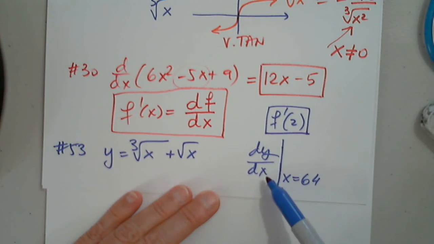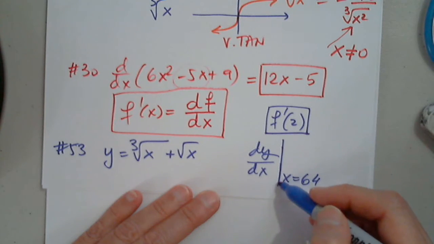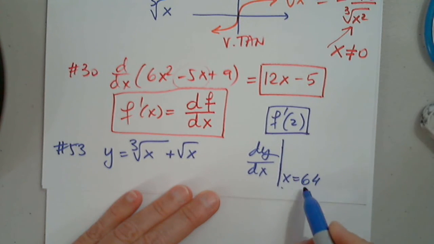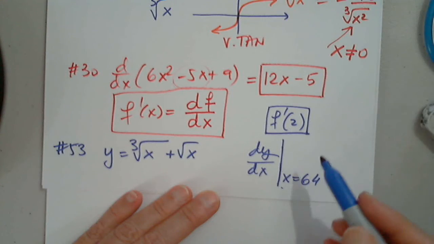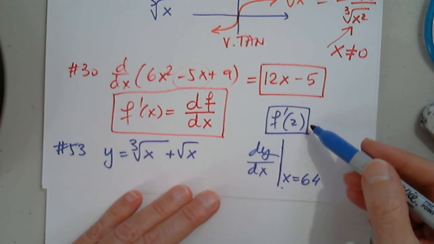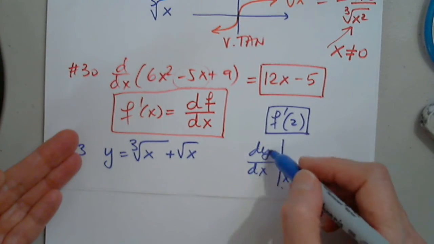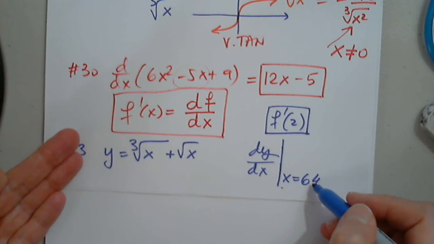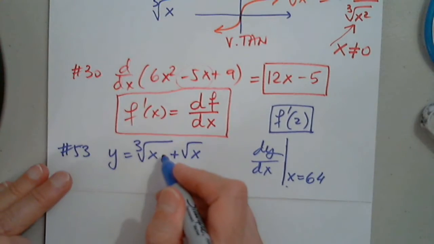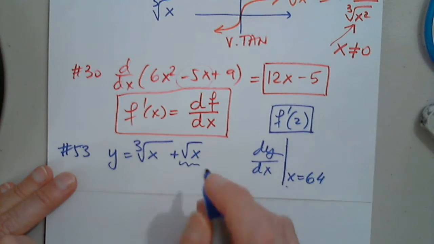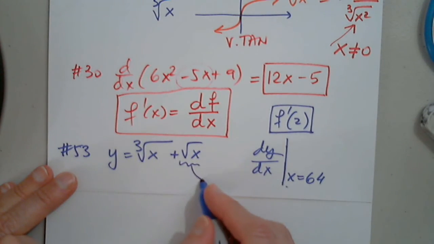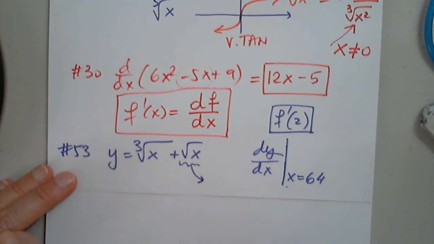If we use dy over dx, then we have to write a bar that says, okay, evaluate it when x is 64. It's the same notation, but it looks a little bit more complicated, but it means the same thing. Find the derivative, plug in 64. For such a situation, I don't have any secret. I know that this will differentiate, will give us what?